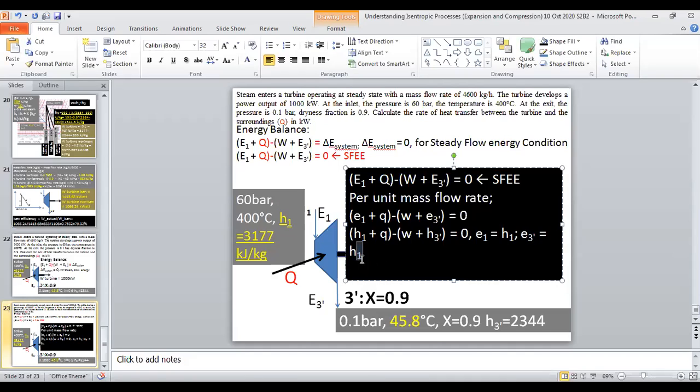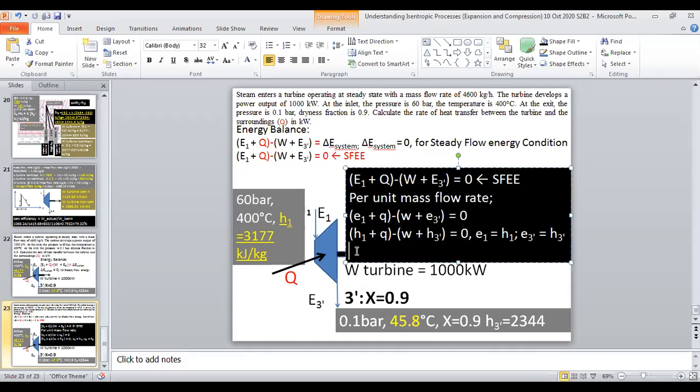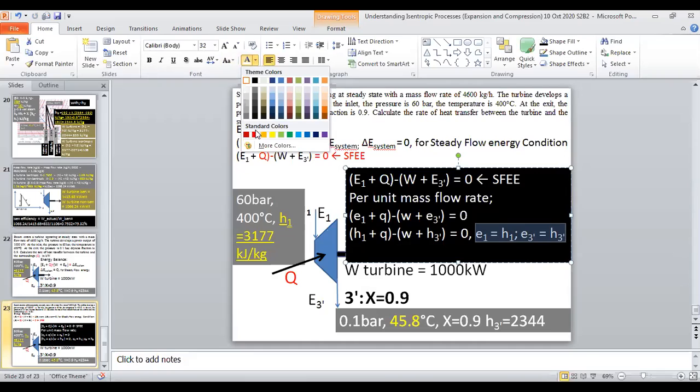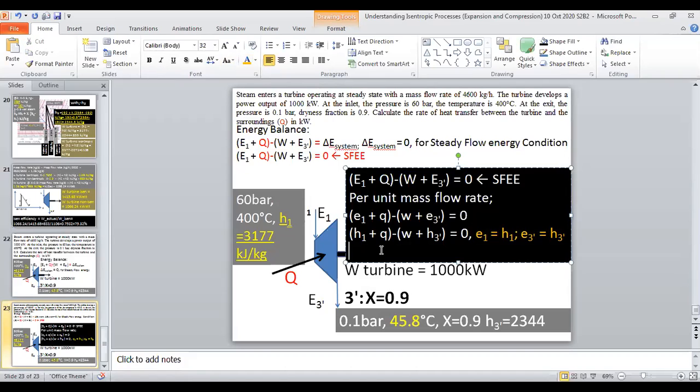So these are the assumptions. Later, we will justify. Justification is next week's session.